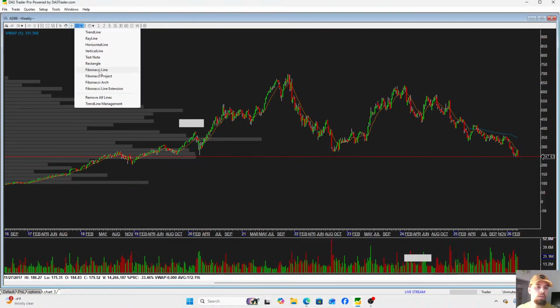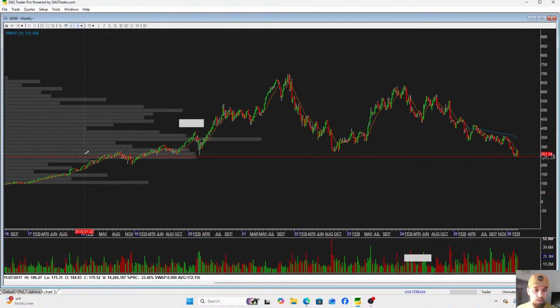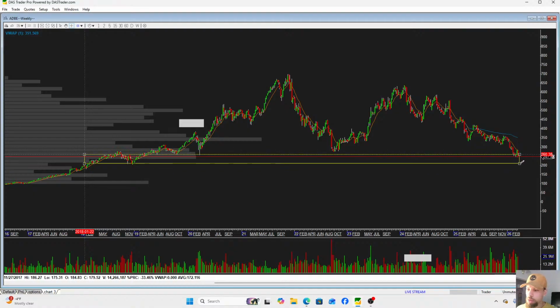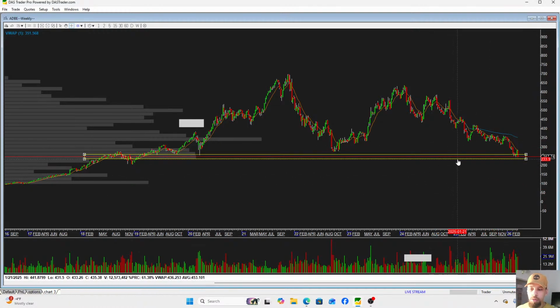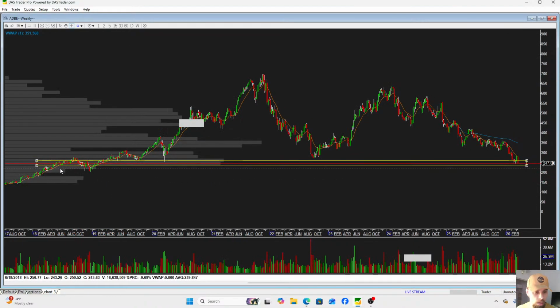Draw the box here on this guy as well. 261. Say 260 for a resistance here. Just finding a lot of touch points here. Good area of support. 235. So if this thing can continue to move down, maybe 235 is where it will eventually get to.